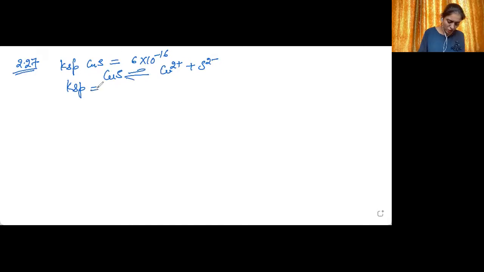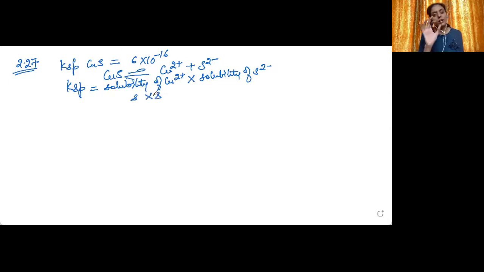Now KSP is equal to solubility of Cu 2 positive multiplied by solubility of S 2 negative. So I can just write S into S because both are divalent ions. S multiplied by S. So I can just write KSP is equal to S square. So S will be equal to root of KSP.